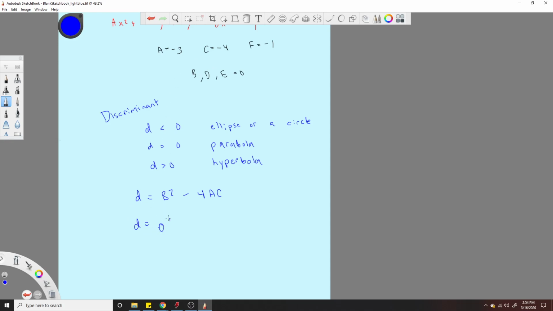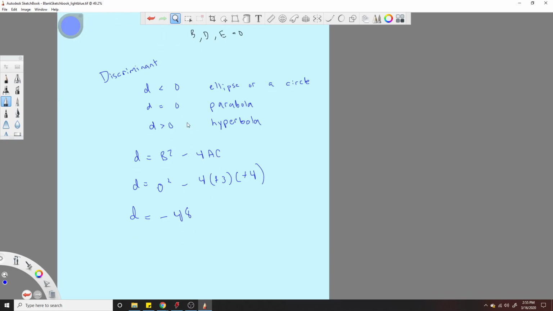This is 0 squared minus 4, a is negative 3, c is negative 4. These negatives will cancel. D equals, so that's going to be a negative 16 times 3, and that's going to be a negative 48. So clearly it's very negative, so that means it's an ellipse or a circle.